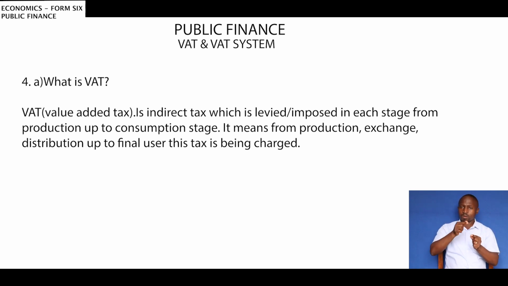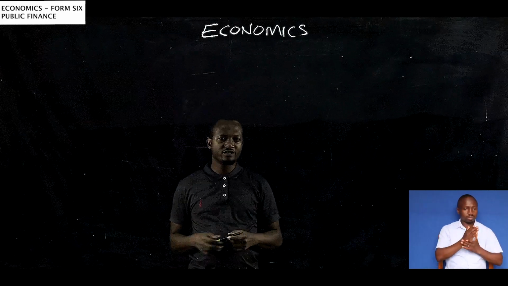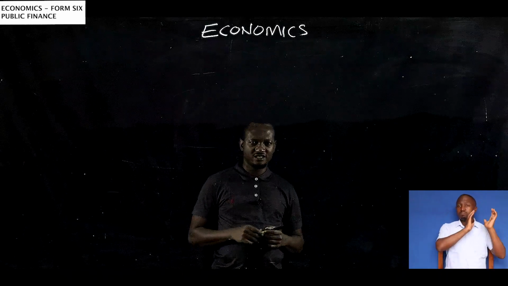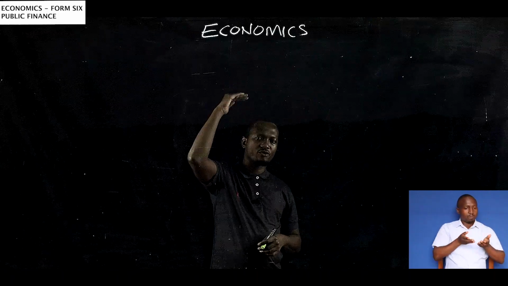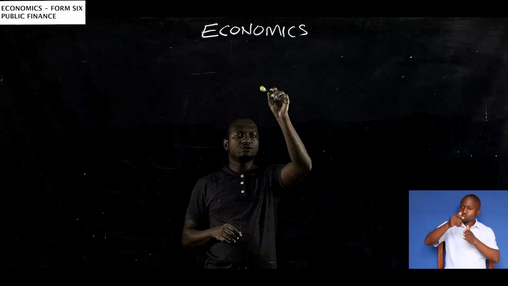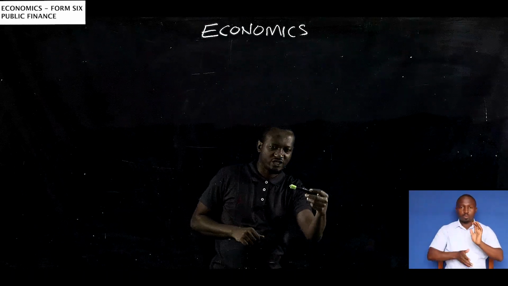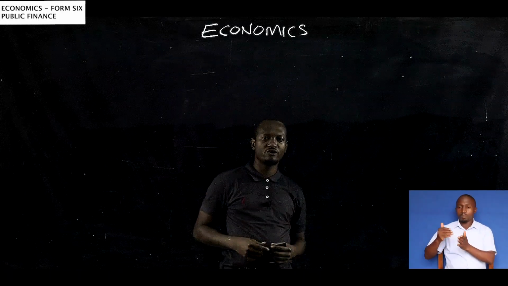VAT is an indirect tax because it is always charged on goods, sometimes even on services. So the burden or incidence of VAT starts from the producing firm up to final users. It goes stage by stage from production to wholesaler to retailer up to the final user. So the whole burden falls on final users.